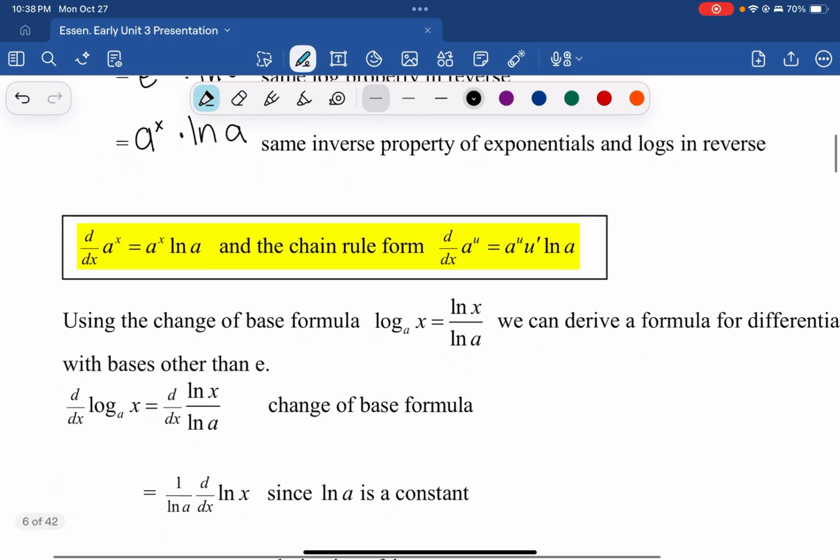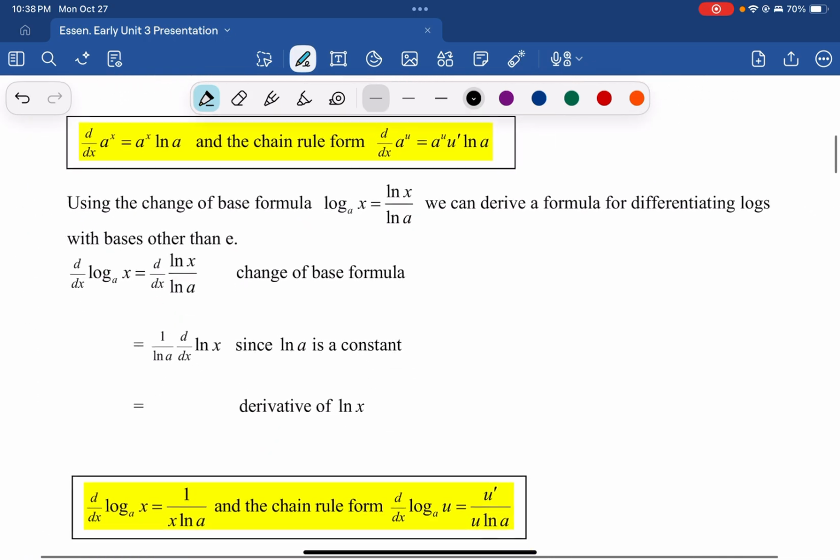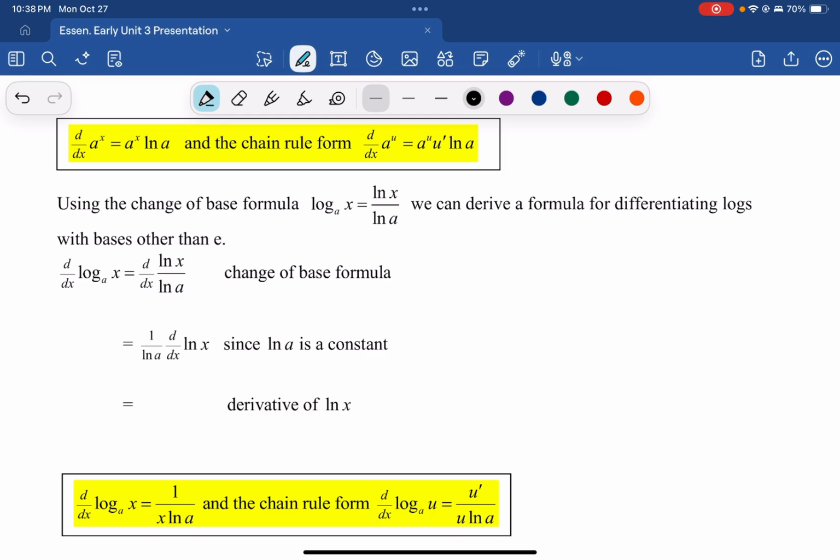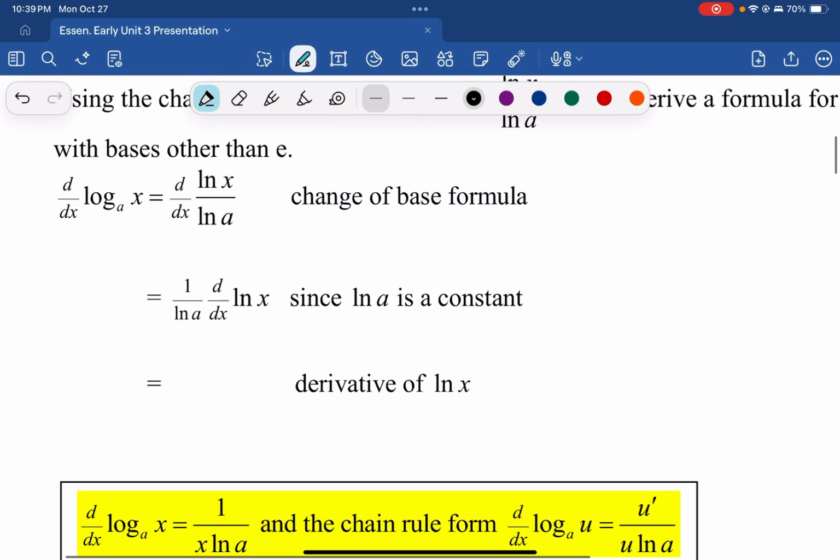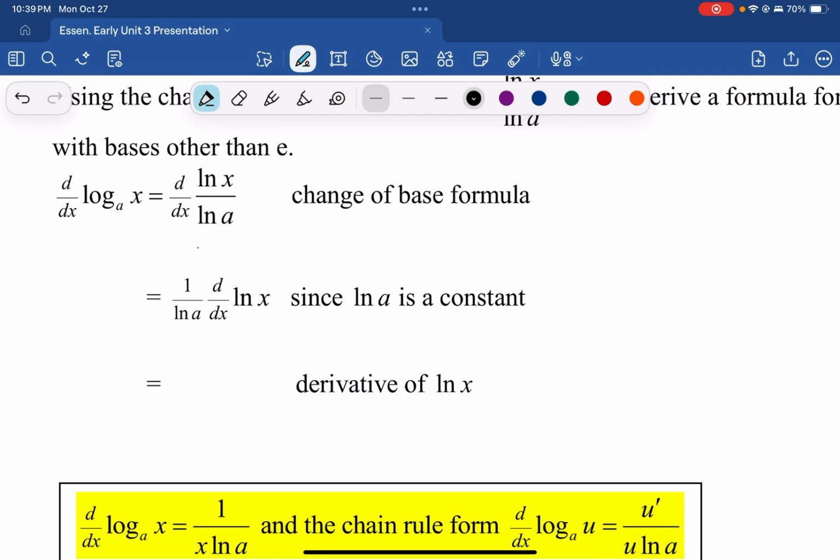Another way is using the change of base formula. If I have log base a of x, I can rewrite that as the natural log of x over the natural log of a. And we can take the derivative of this, right? So I rewrite it, and now we have a quotient.